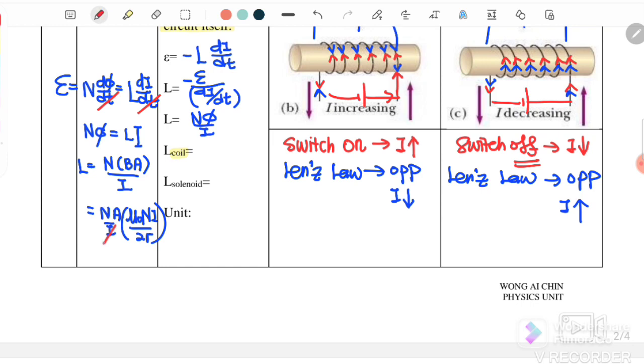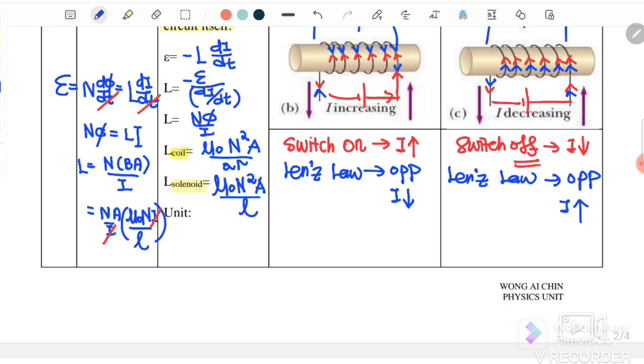So we can cancel off the I. Therefore, the self-inductance for the coil is mu naught N squared A over 2R. If this is a solenoid, B is mu naught N I over length. Therefore for a solenoid, the equation becomes mu naught N squared A over length. So these are the equations for a solenoid and a coil.